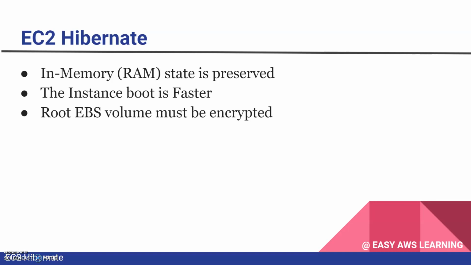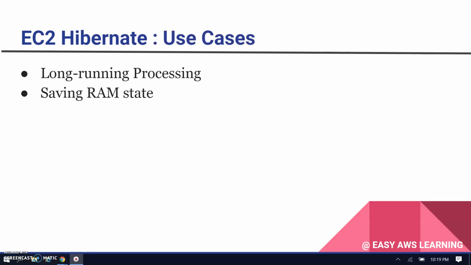When you hibernate an EC2 instance, the operating system is told to perform hibernation, basically suspend to disk. Hibernation saves the content from the instance RAM to your Amazon EBS root volume, which persists along with your attached Amazon EBS data volumes.